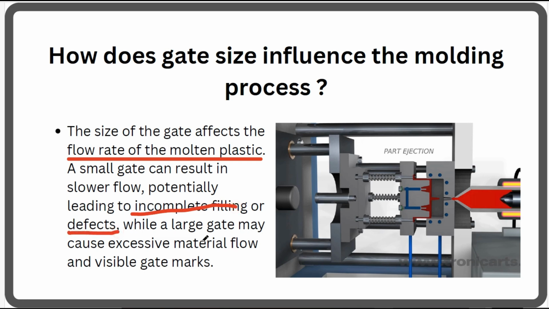And if you consider a large gate, there are chances of excessive material flow and visible marks on the plastic product. So not very small, not very large, we need to properly choose the gate size.